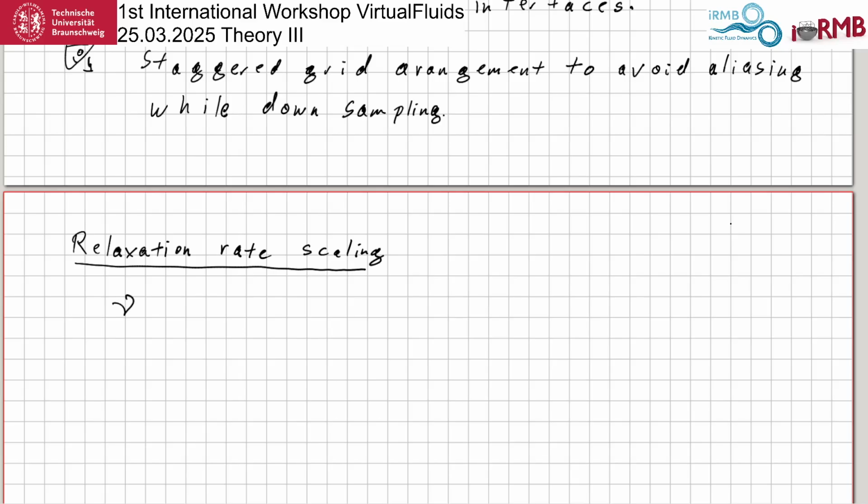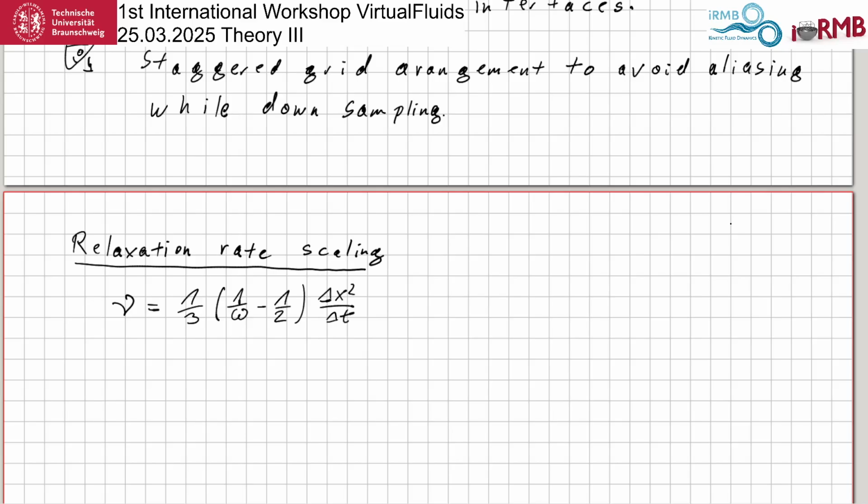To see this, remember what is the kinematic viscosity. There is this 1/3, which is actually the square of the speed of sound, times 1 over omega minus 1/2, where this is the omega of the second order moments, delta x squared divided by delta t.